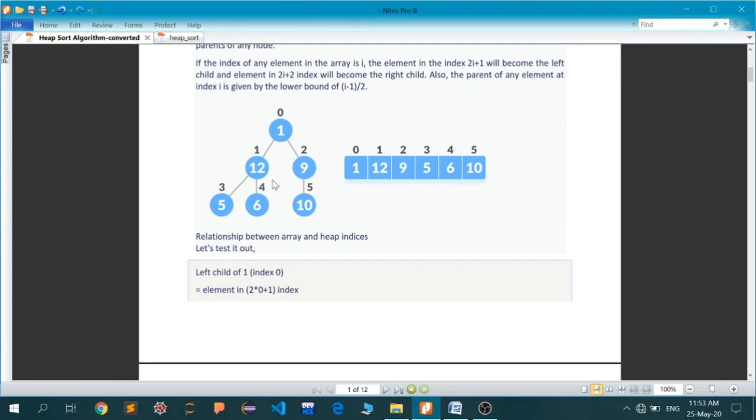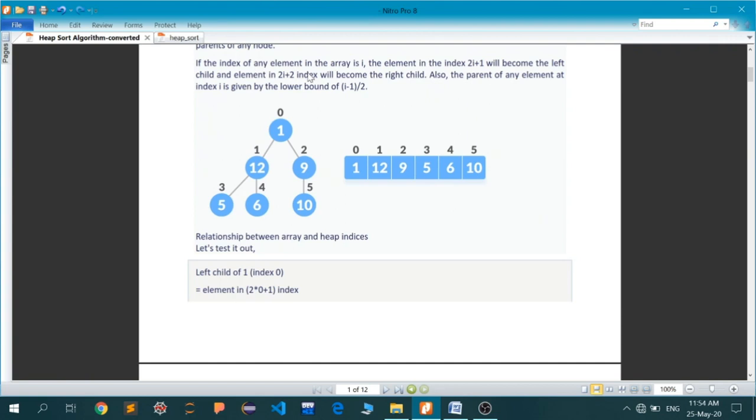And as you can see visually, the element 12, which is at index 1, is actually the parent of the element 6. So our formula for finding the parent is correct, and in a similar way you can find the left and right children of any element using the formulas.